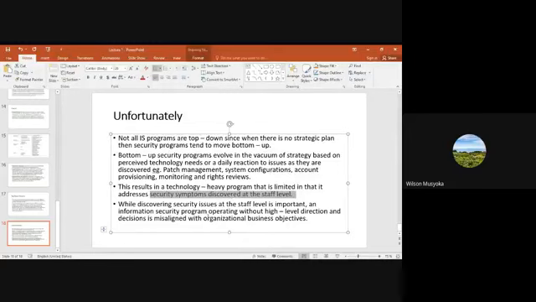What we are saying here is this: while discovering these security issues at the staff level is important, an information security program operating without high-level direction and decisions is misaligned to the organizational business objectives. You will notice that it will be very expensive because when there is already an attack, they tend to take advantage.